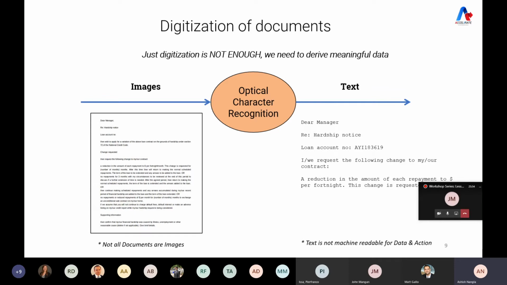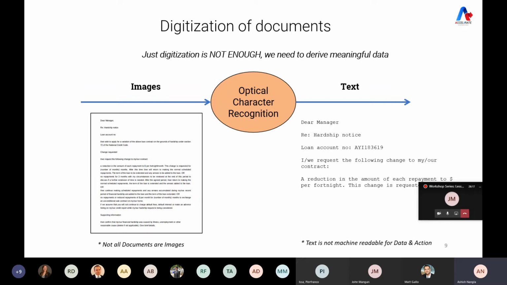Some OCRs also support structured forms, but as soon as you enter the territory of unstructured and semi-structured, just OCR is not enough. You have to be able to define what the document is, define the data out of it, so that you can use it for actual use in a business process or an automation.